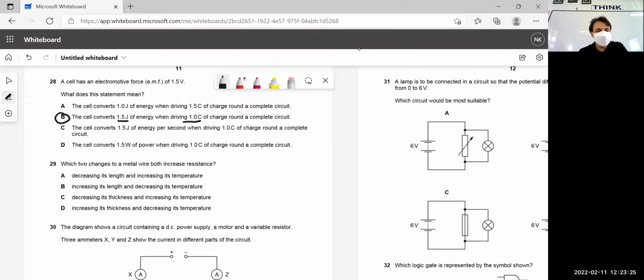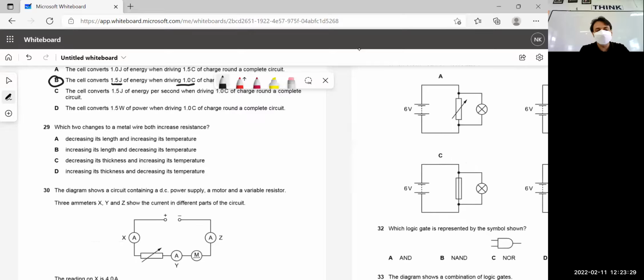29. Which two changes to a metal wire both increase resistance? We want to increase the resistance, children. Basically, we have one equation: R is proportional to length and inversely proportional to area. Resistance increases by increasing the length and by decreasing the area.